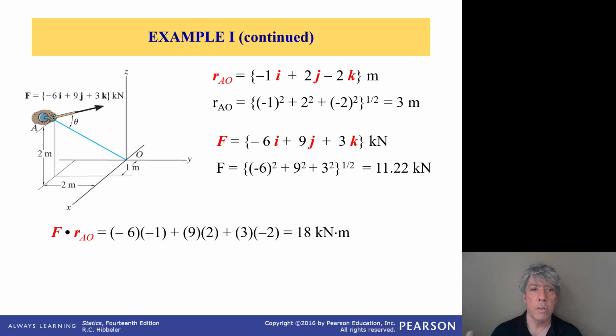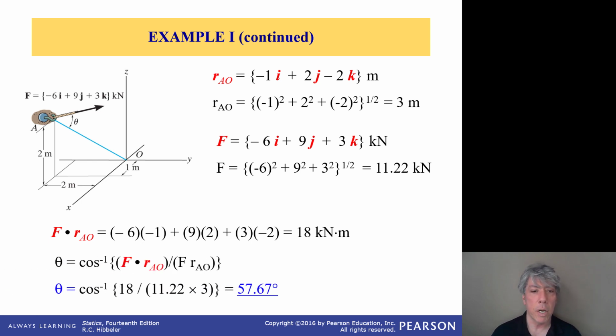And of course, since the units of the force are kilonewtons and the units of R are meters, then kilonewton meters are the resulting units of this dot product. So then to find the angle between the two vectors, don't forget, you can't just take the dot product. You have to take the dot product divided by the magnitude of both vectors so that you're taking out the units, you're normalizing and producing a value between 0 and 1, and then take the inverse cosine.